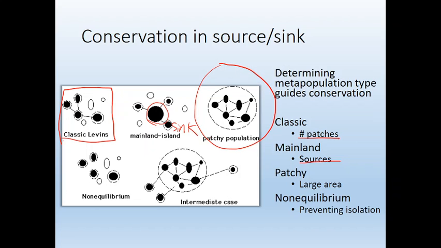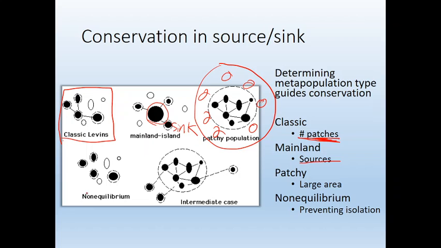The more area you have in that reserve, the more populations you can have. It's essentially like the classic Levins, where it's the number of patches. How do you get more patches in a patchy population? By increasing the area, because then you can potentially have more patches around here.